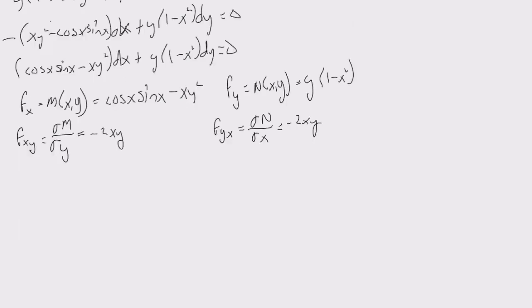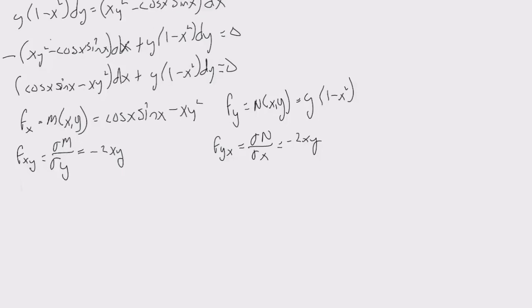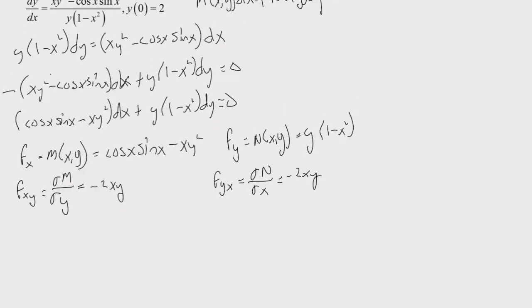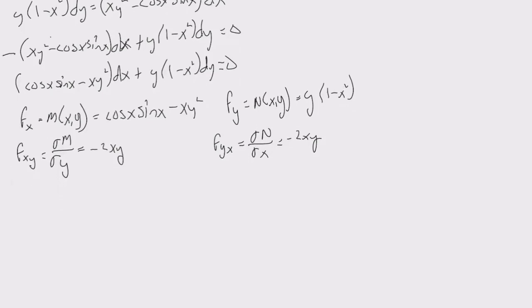All right, so again, we have a little bit of freedom as to which one we want to attack as far as integrating, whether we want to look at the M function or the N function. I'm looking at the partial with respect to y, so the N function, and I think that one looks a little bit easier.